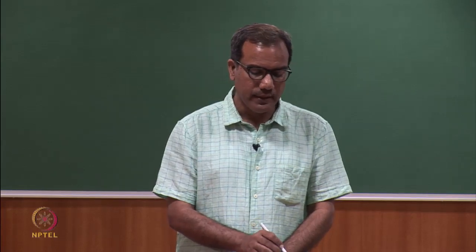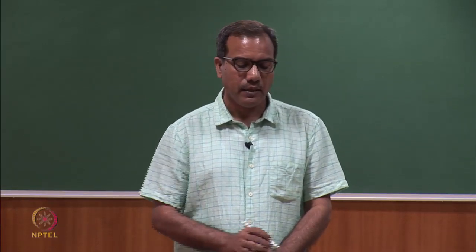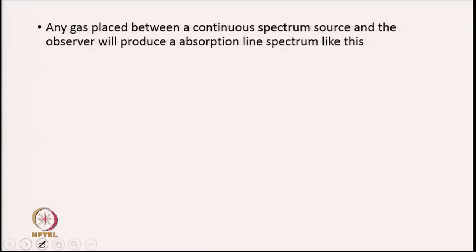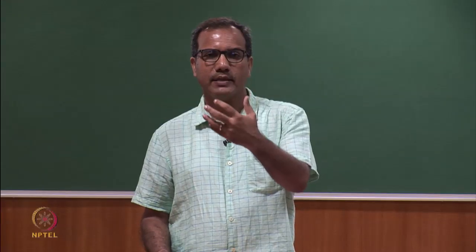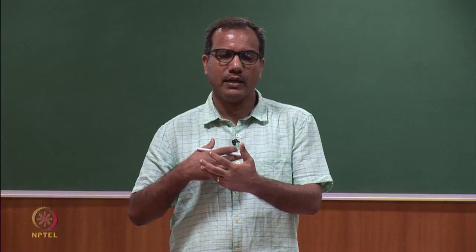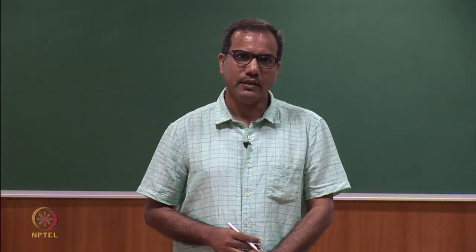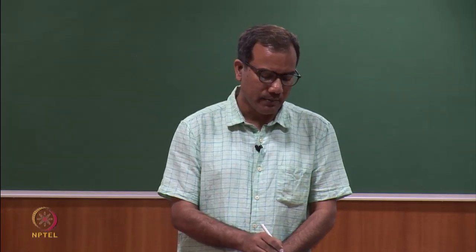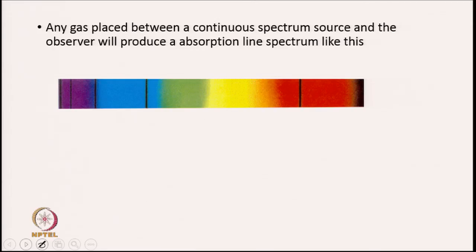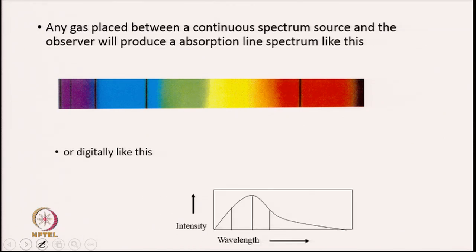And we can see that any gas placed between a continuous spectrum and the observer will produce an absorption line spectrum like this. So, for example, if you place a gas between the sun and us, you can see the absorption line spectrum, and an absorption line spectrum looks like this, and digitally it will look like this.